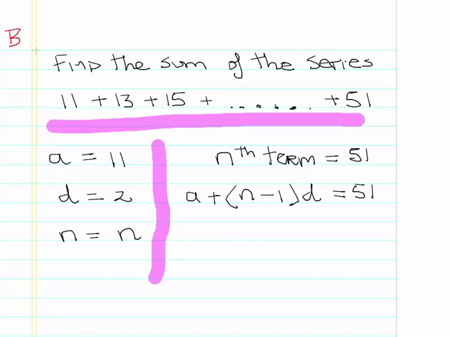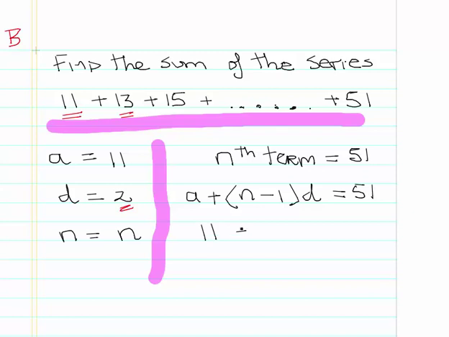Now, the second part is as follows. Find the sum of the series 11 plus 13 plus 15 all the way up to 51. This is an arithmetic series: 11, 13, with a difference of 2 and the first term being 11. So we have to find out how many terms there are. The nth term is 51, so we work out what n would be.